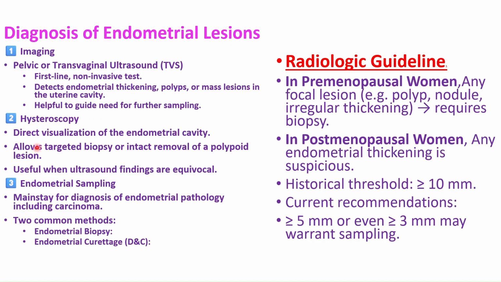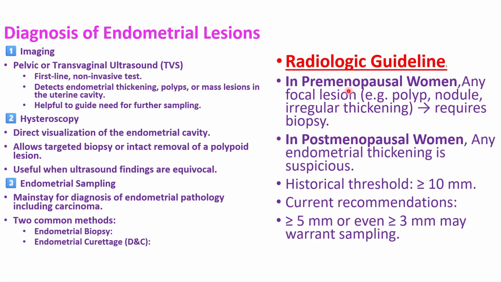Hysteroscopy is helpful for targeted biopsy or intact removal of polypoidal lesions, and endometrial sampling is mostly the mainstay for the diagnosis of carcinoma. There are two methods: one is endometrial biopsy and the second is endometrial curettage or dilatation and curettage.